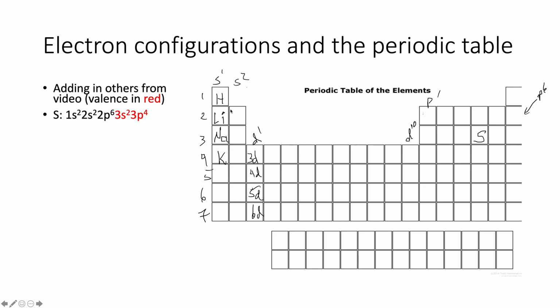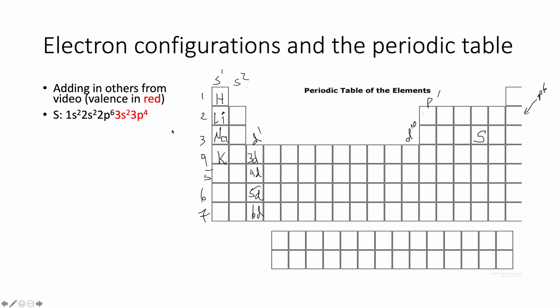Well, you go down the 1s street, go past the second house, 1s2, then go to the 2s street, go past both houses, 2s2, then the 2p street, go past all 6 houses, 2p6. Then turn down the 3s street, go past the second house, 3s2, then turn down the 3p street, and it's the 4th house, 3p4. If you want to think of it like that, it's pretty cool.